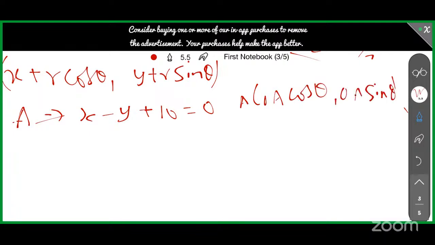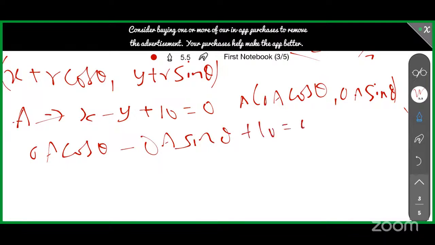Yes or no? Now tell me what is my x value here? OA cos theta. Therefore, OA cos theta minus OA sin theta plus 10 is equal to 0. Yes or no?